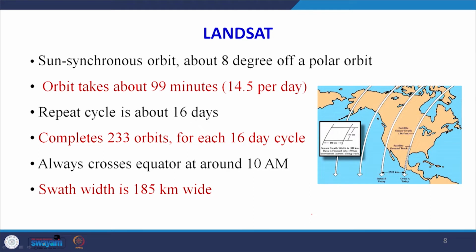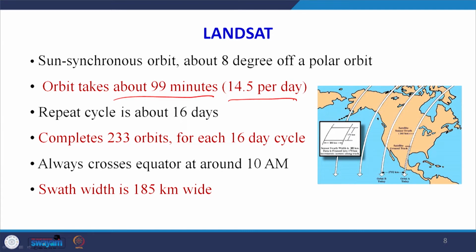This satellite is a sun synchronous satellite. It was actually 8° off the polar orbit, making an 8° angle. One orbit was completed in 99 minutes, so 14.5 orbits were completed per day by Landsat.